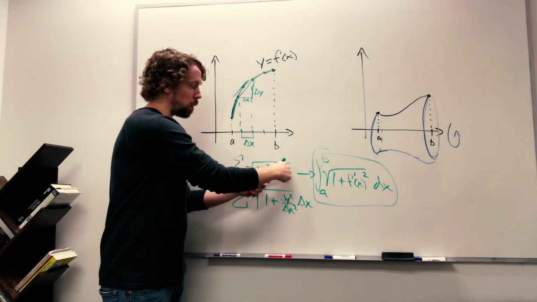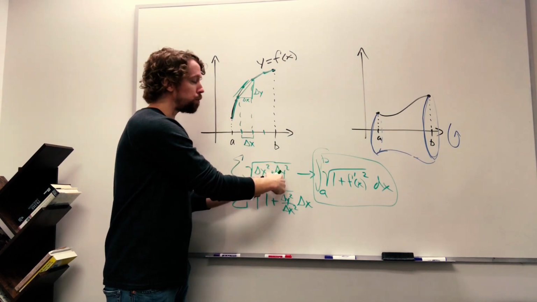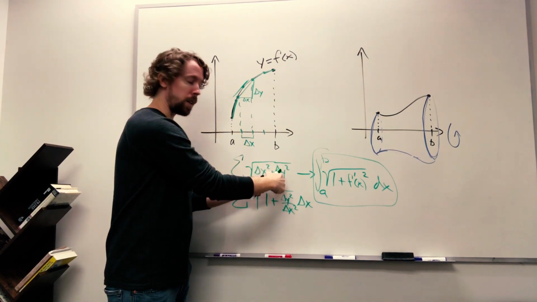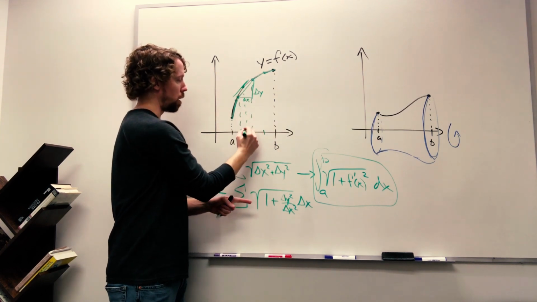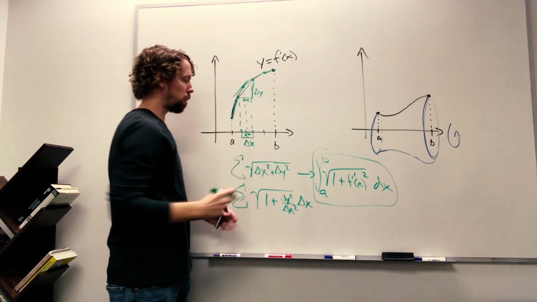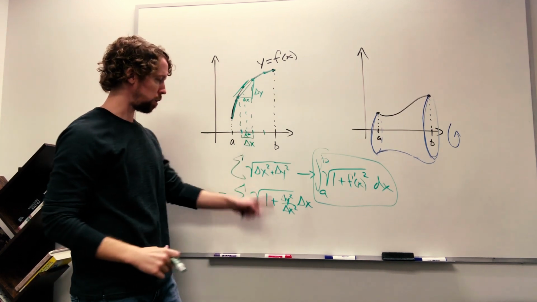So you could immediately say this is equal to f prime of x times delta x, or f prime of x star, where this is your x star. If you don't remember the mean value theorem, don't worry about it. You can just do the algebra.